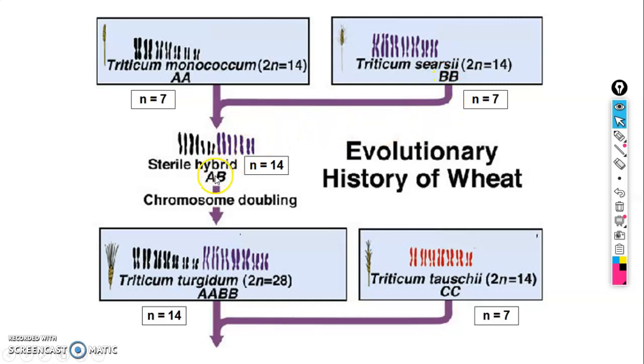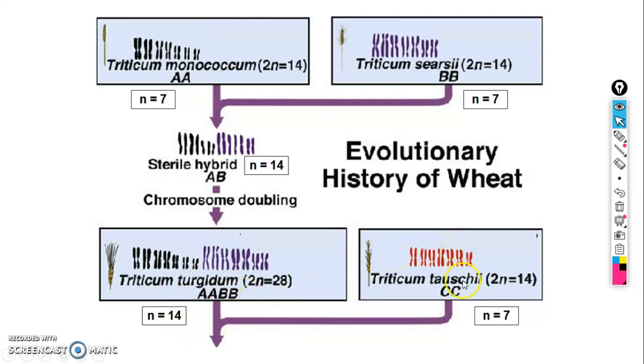They will produce a triploid hybrid AB, which is n equal to 14. Why? Because there is no homologous chromosome. Chromosome A and B cannot join together or undergo synapsis, because they are not homologous chromosomes, and this is the hybrid. This hybrid will undergo chromosome doubling to form fertile Triticum turgidum, which will produce gametes n equal to 14.